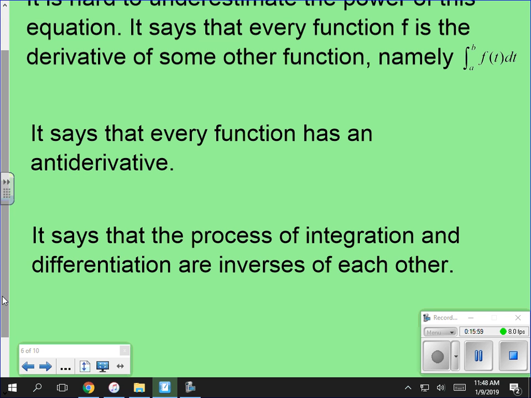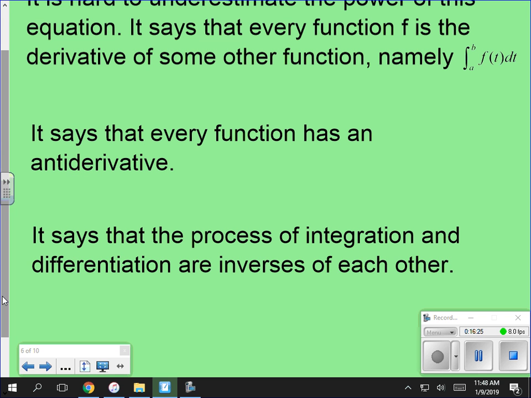Being able to say that I have two functions that are inverses is huge, because inverses are how you solve everything. When you had x plus 2 equals 3, how'd you solve it? You did the inverse of adding 2, which is subtracting 2 from both sides. Inverse functions is how you solve everything. Being able to have an inverse makes a big deal.